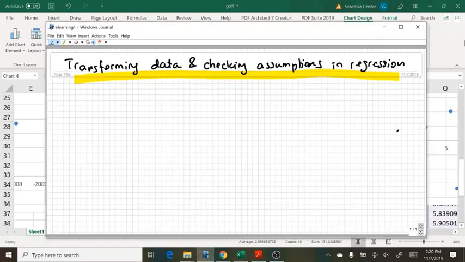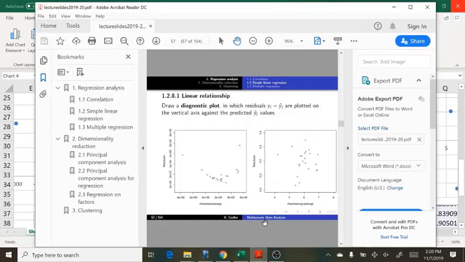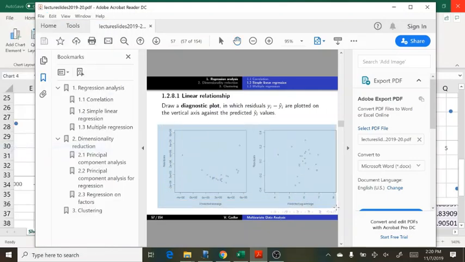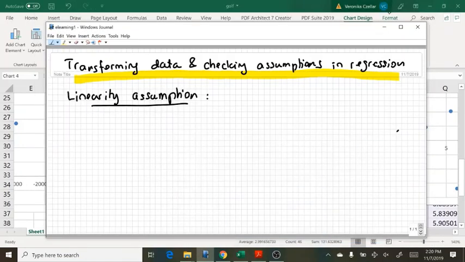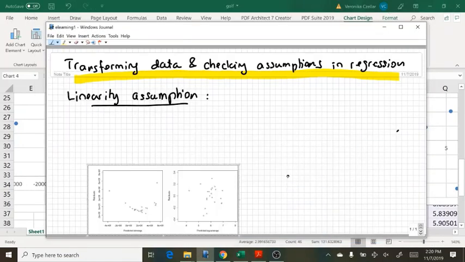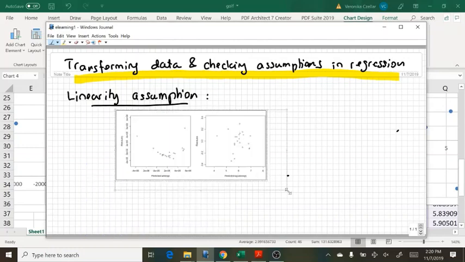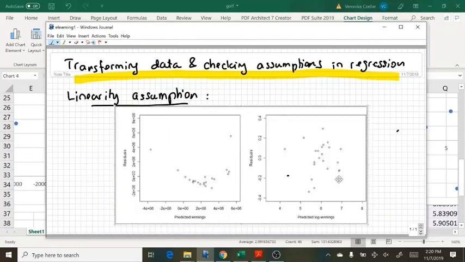So to summarize, in the diagnostic plot, here we are checking the linearity assumption. How do I check it? If I have a clear pattern, like on the left, this means that my linearity assumption is not satisfied, right?